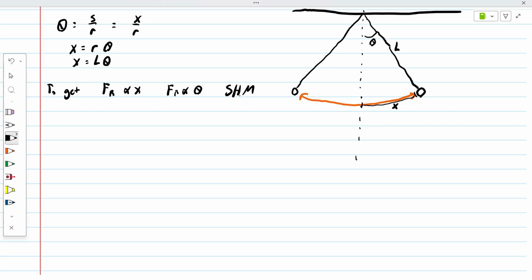So that's what we need. Otherwise we won't have simple harmonic motion. And so let's figure out what this restoring force equals. So we're going to have to do a free body diagram on this pendulum. So we're going to take this max point here and draw our forces. So we will have a tension force in the pendulum, Ft, and then we'll have our gravitational force.